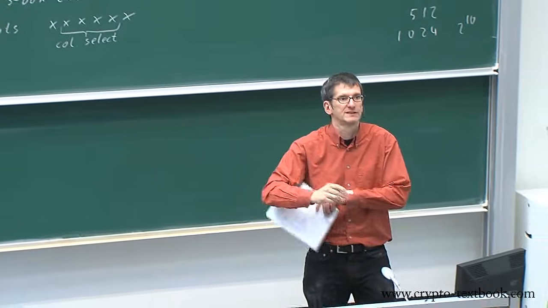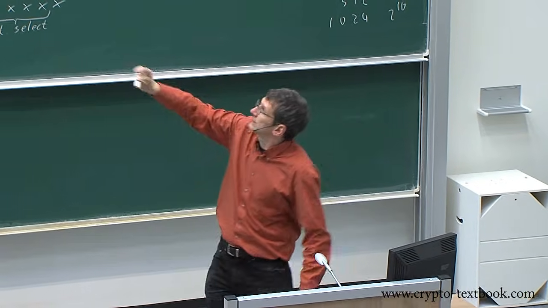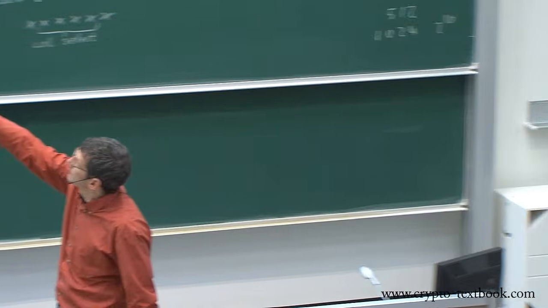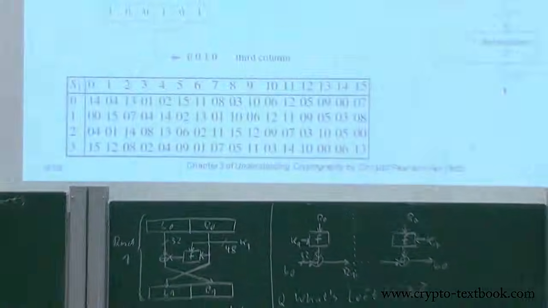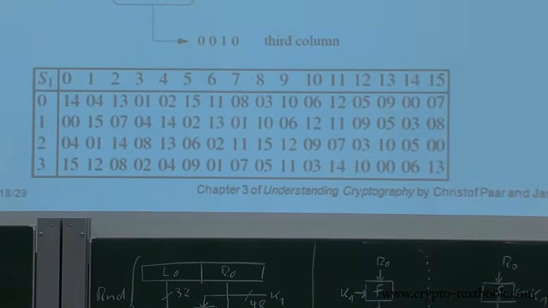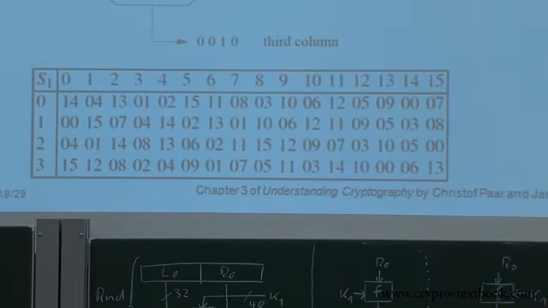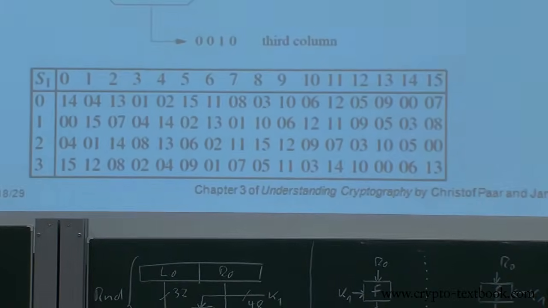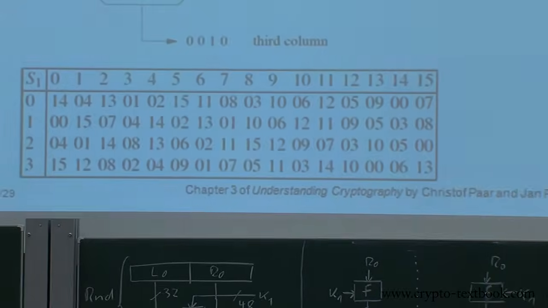So the 4 bits select which of the 16 columns, enumerated from 0 to 15, die sind durchnummeriert. They are picked by the middle 4 bits. And then the outer bits, bit number 1 and bit number 6, those 2 bits give you the row selection.